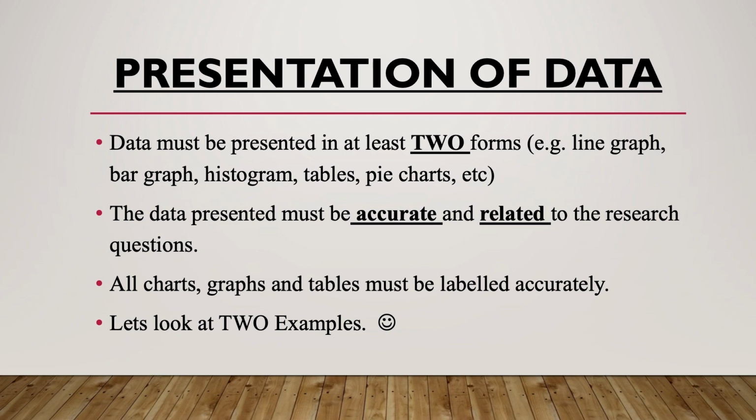Forms refers to things such as line graphs, bar graphs, histograms, tables, pie charts, etc. Now, the data that we are presenting must be accurate and related to our research question. All the charts, graphs, and tables that we are presenting our data on must be labeled accurately. Let us now look at 2 examples.